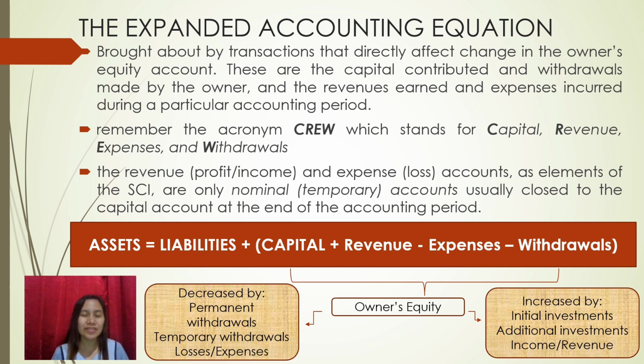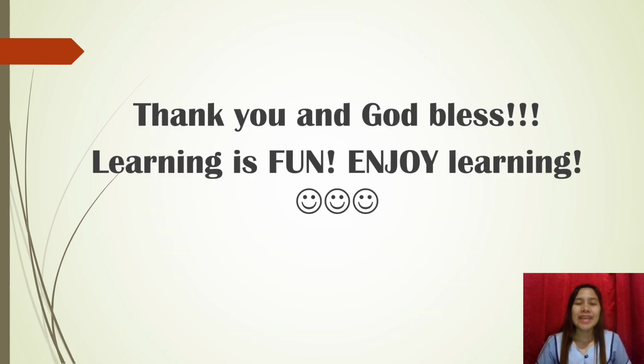And then the owner's equity could also increase by transactions such as the initial investment of the owner, additional capital or additional investments of the owners, and earnings or income derived from the operations of the business.